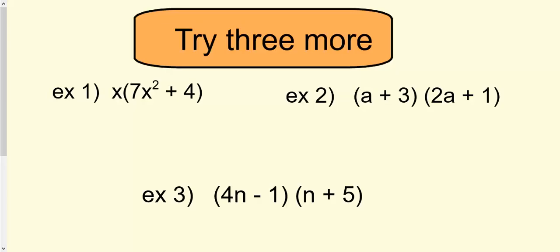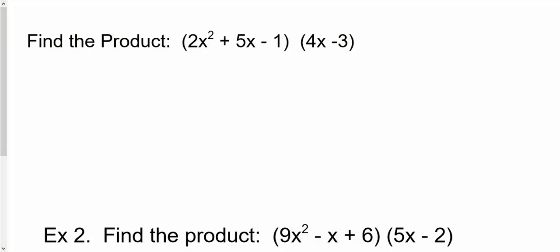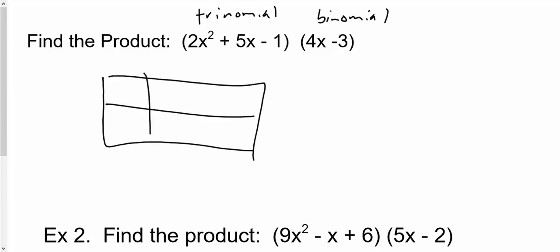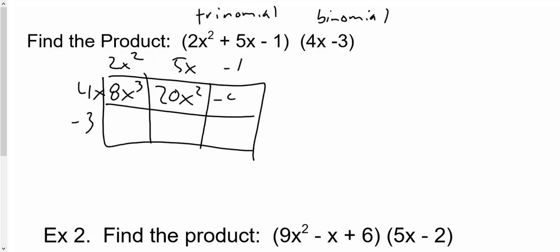Alright, I'm not going to do any of these. These are all the same type of problems. Now this is a trinomial and a binomial. And what you're going to do when you have something like this is just make an extended box. So you have 4x minus 3 and 2x squared, 5x minus 1. Same concepts apply here. You're just going to multiply each of the boxes to get your answer.